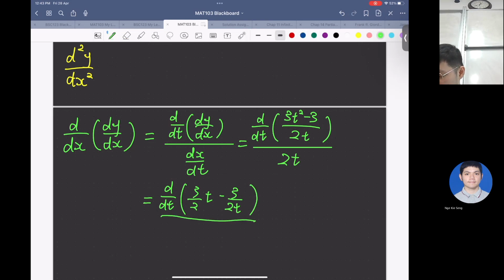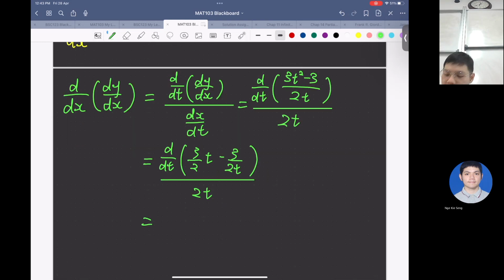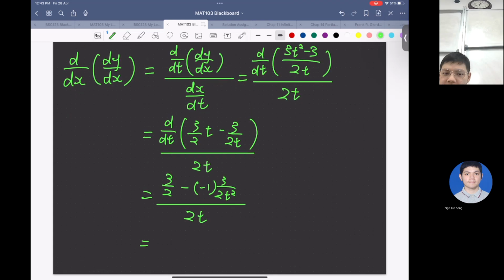Okay, I think this one is easier to differentiate, where you get 3 over 2 minus negative 3 over 2t squared. Is that right? Please check my calculation. Okay, so in the end we get 3 times t squared plus 1 over 4t cubed.